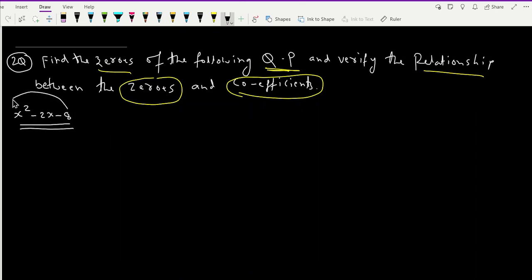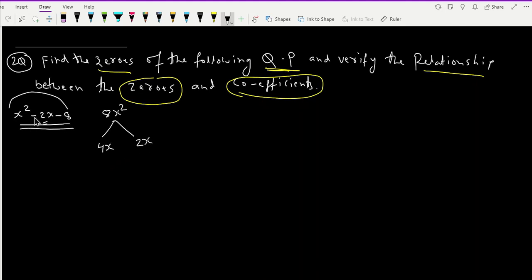I will get 8 into x square, that is 8x square. So you have to take the factors of this 8 so that I should get minus 2 as the value. Here I will be taking 4 twos are 8. So I will take 4x, 2x.